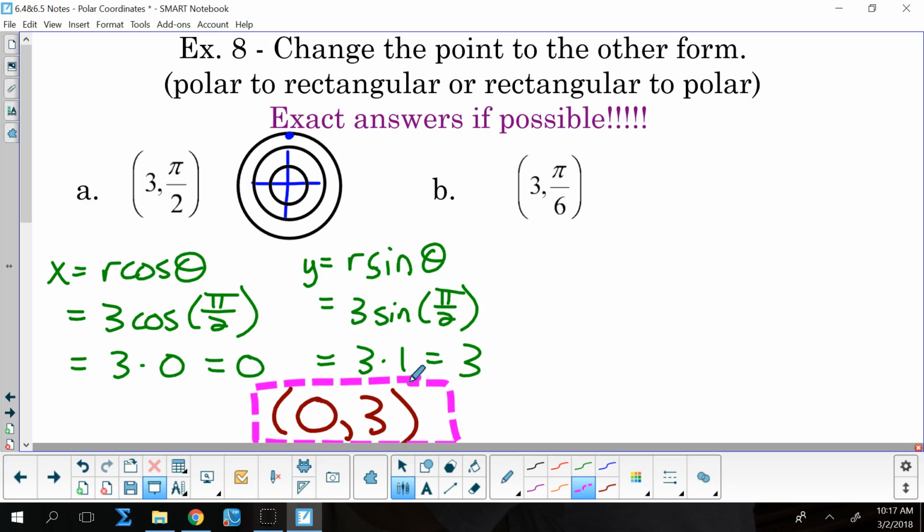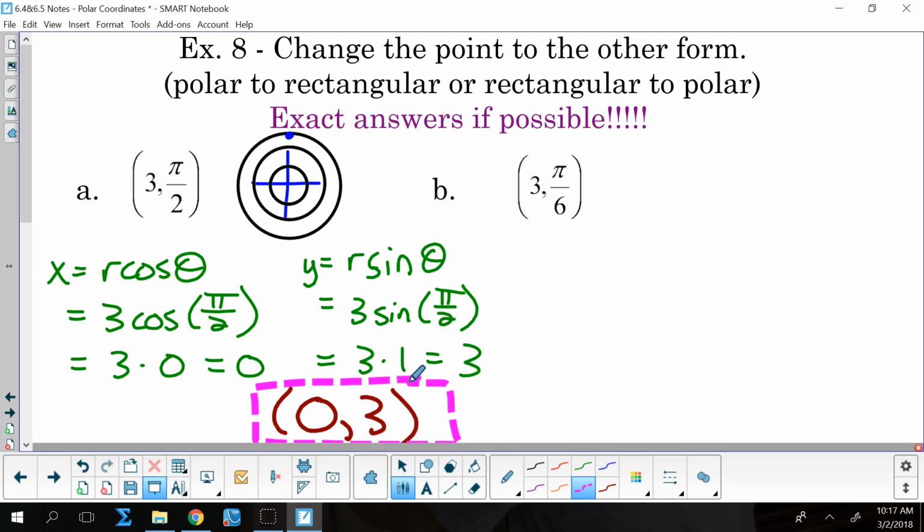Now, we want you to be as exact as possible. If we give you a unit circle angle, I want you to give me a unit circle value coming back. If I don't give you a unit circle angle, then you can be as exact as possible by rounding. But if it's one of the sweet 16, we want it exactly.